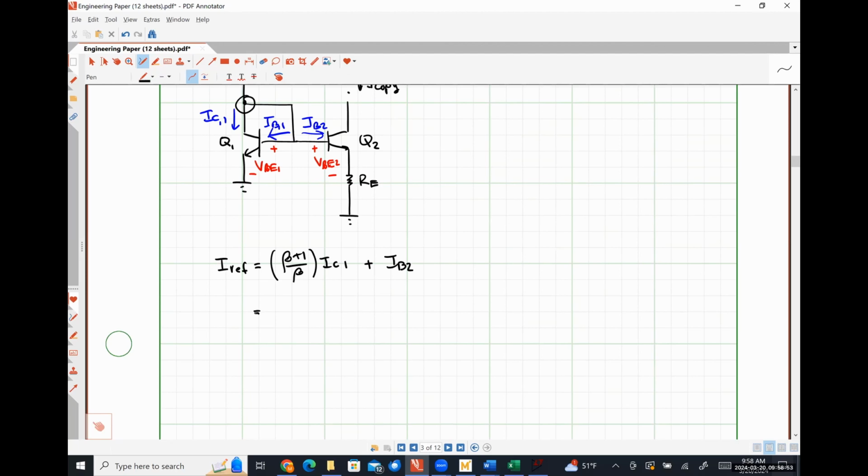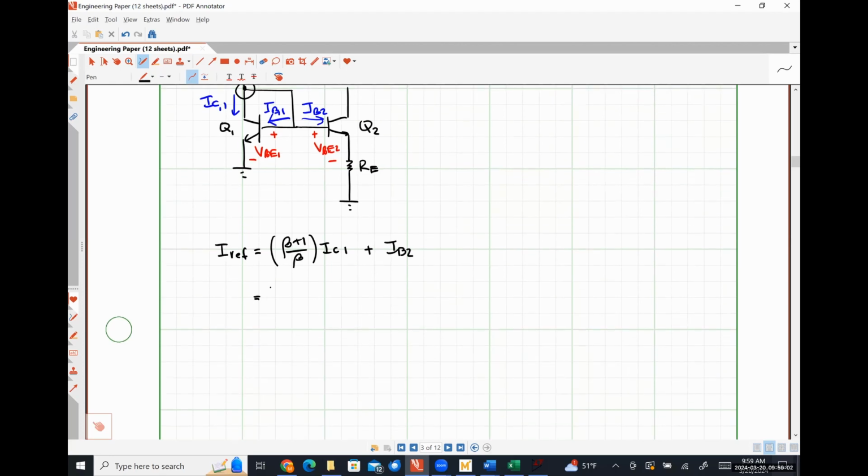All right, so over here, we're going to have beta plus 1 over beta times IS1 EXP of VBE1 over VT.